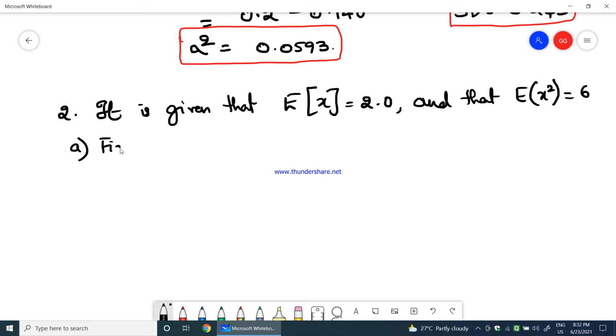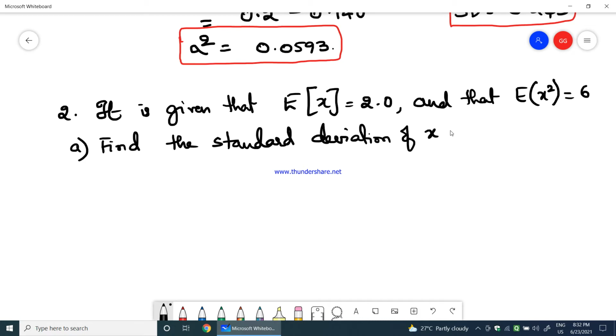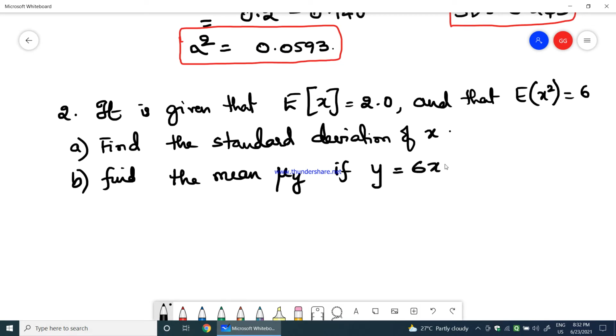A: Find the standard deviation of x. And then B: find the mean mu y if y equals 6x square plus 2x minus 13.